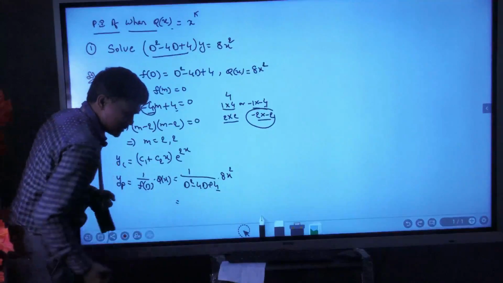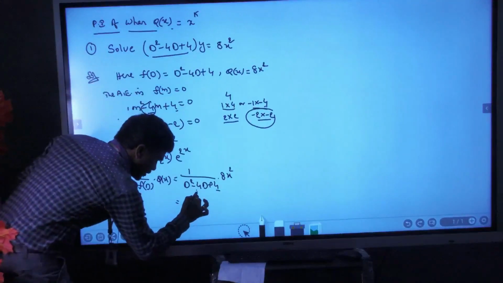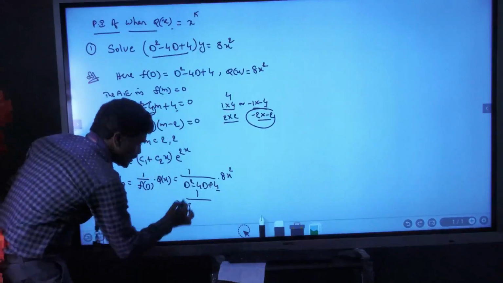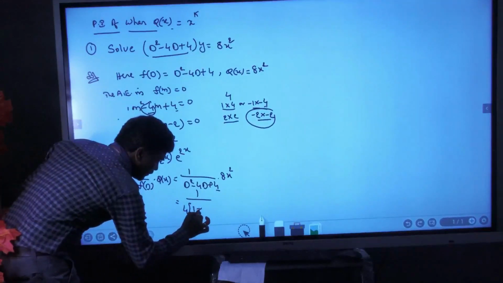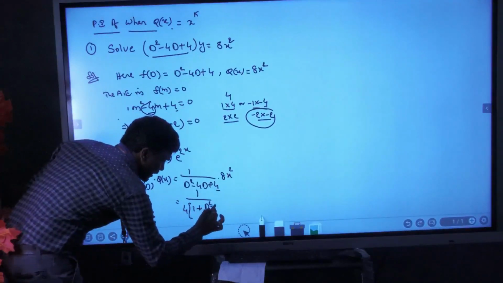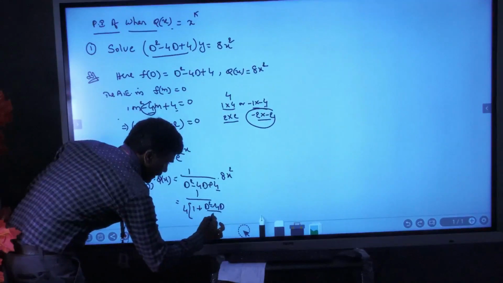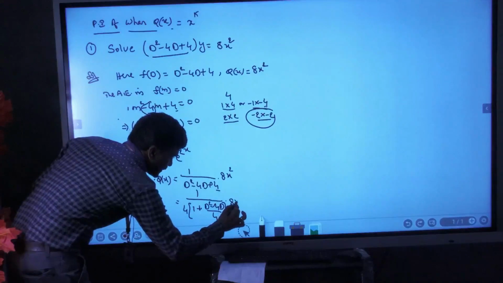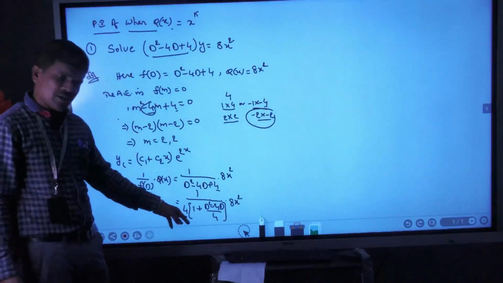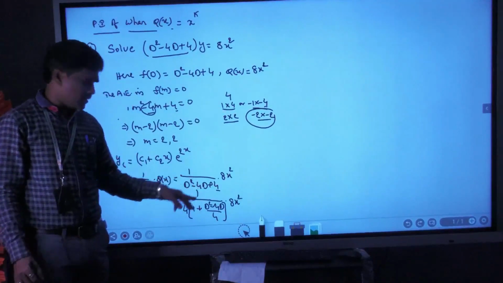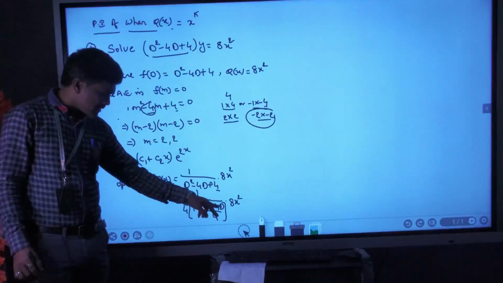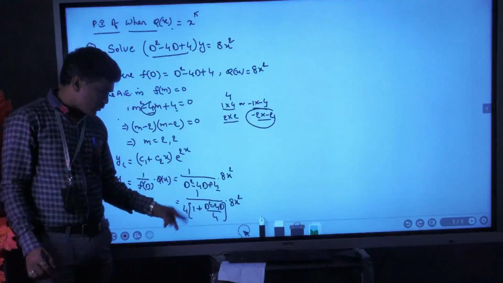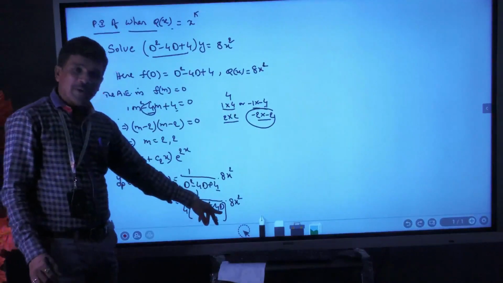Take 4 common, so we get 4 times 1 plus (D square minus 4D) by 4, into 8x square. Multiplying with 4 again, we get D square minus 4D plus 4.